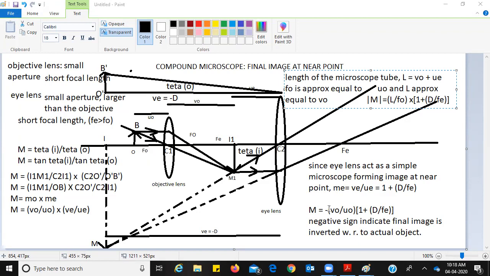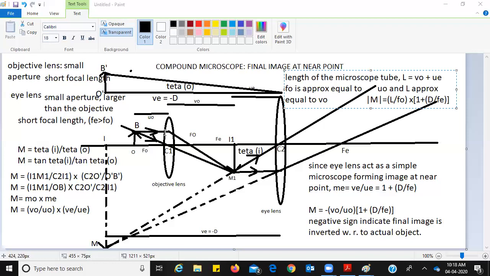So how is UO equal to FO? It's not equal, it's an approximation. You see, you kept the object beyond the focus, right? We kept it to be on the focus. You can push this again a little more towards the right. What will happen?